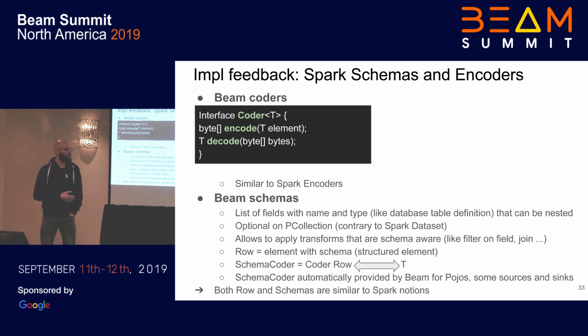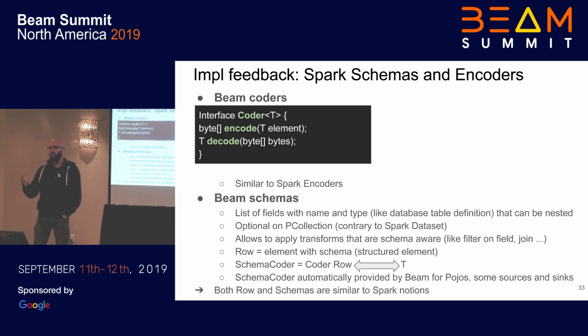And what are Beam schemas? Beam schemas are a list of fields with names and types, and it's pretty much the same as a database definition, right? These schemas in Beam are optional.